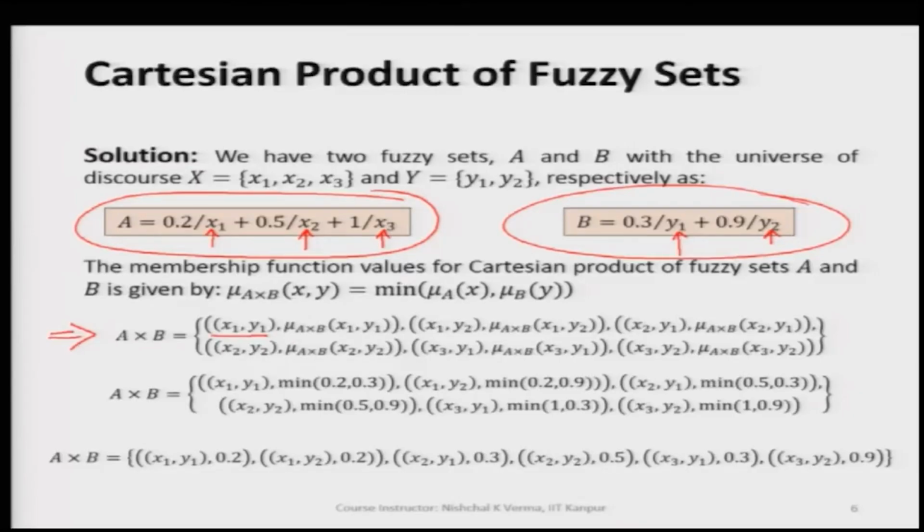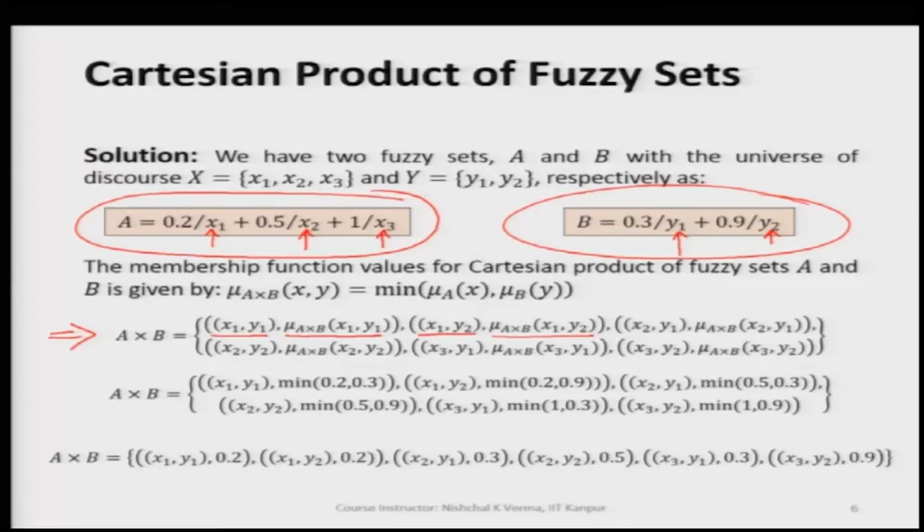I told you how you are going to get this value: by taking the min of the corresponding membership values from A and B corresponding to x1 and y1 respectively. Here we are writing mu A cross B of x1 y1. This is going to be one of the elements of the resulting fuzzy set, and similarly we will have x1 y2 and then the corresponding membership value.